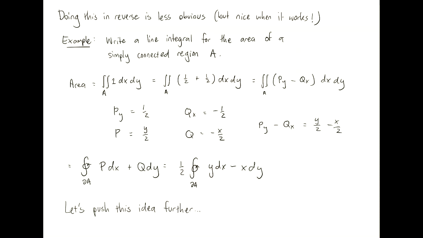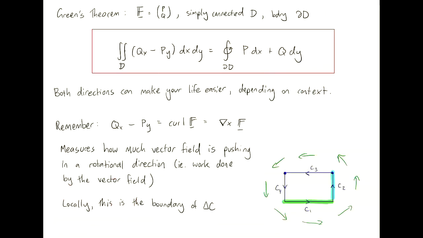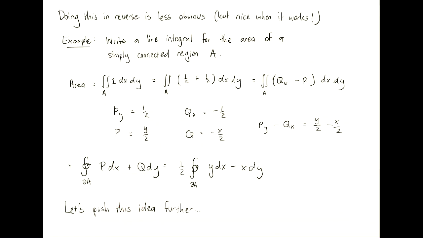Let's call it qx minus py. Wait, let's use the qx minus py. So qx has to be a half, and q has to be x over 2.